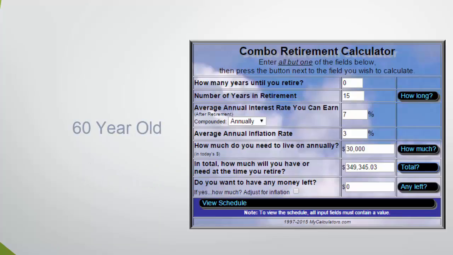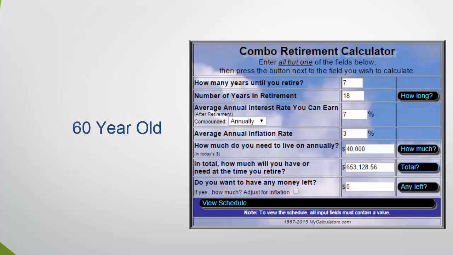Okay, so let's look at a 60-year-old and what they can do. They have 7 years until retirement, and like we showed before, 18 years in retirement, and we'll assume the same $40,000. So again, the $653,000 they need to accumulate. And they might think, well, that might be a little tough for us.